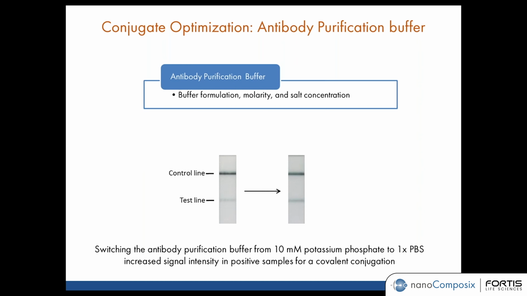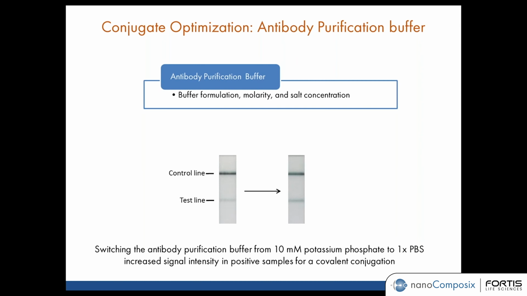One of the first things you can optimize is the antibody purification buffer. Passive conjugation is very sensitive to salts, and having too much salt present will result in colloidal instability. For passive conjugation, potassium phosphate and borate buffers are often used. For covalent conjugations, many buffer formulations are compatible so long as they don't contain primary amines.